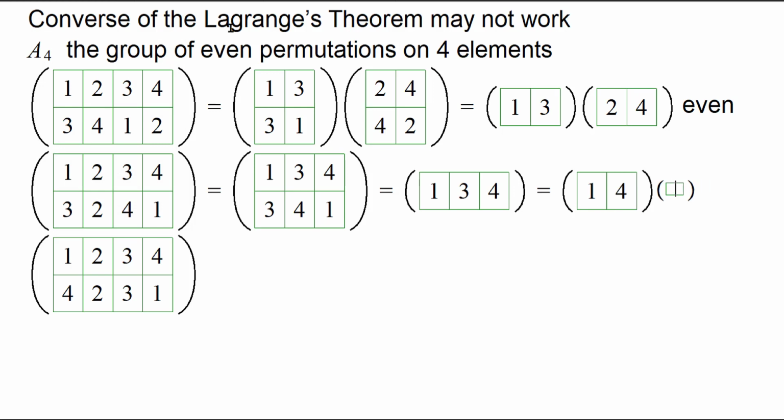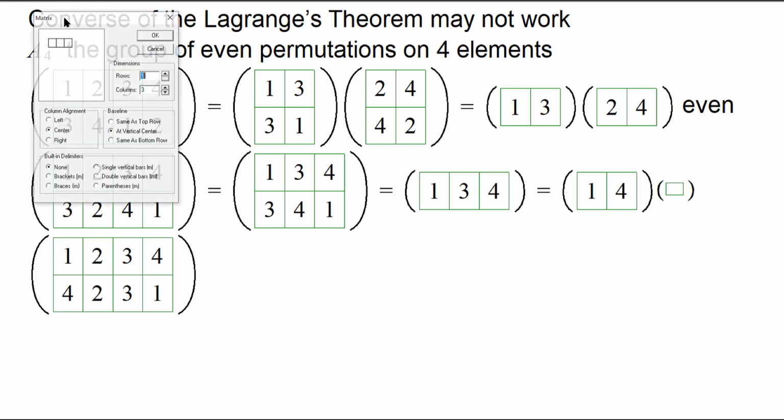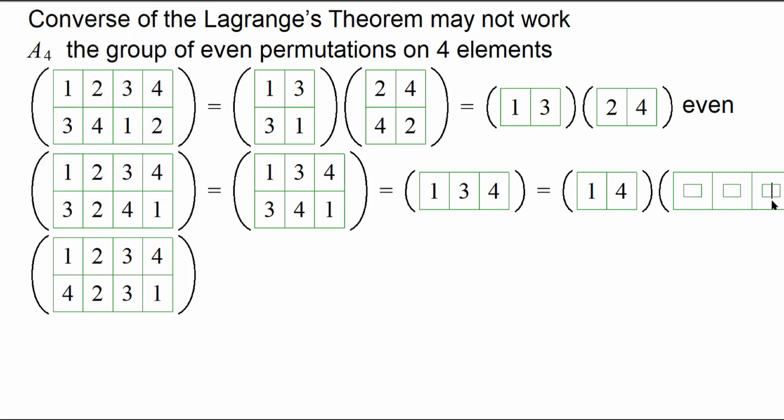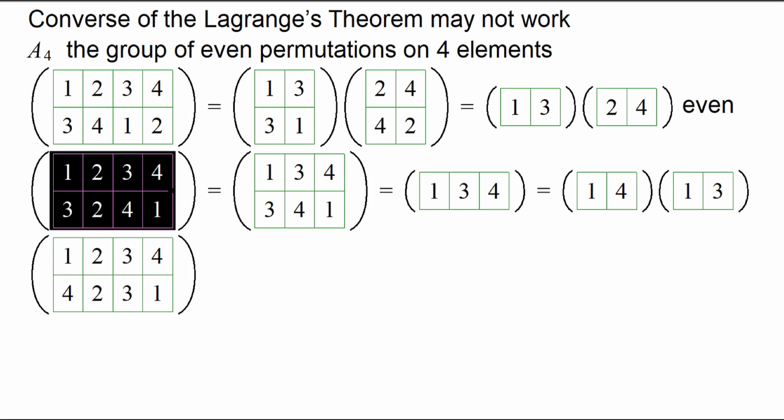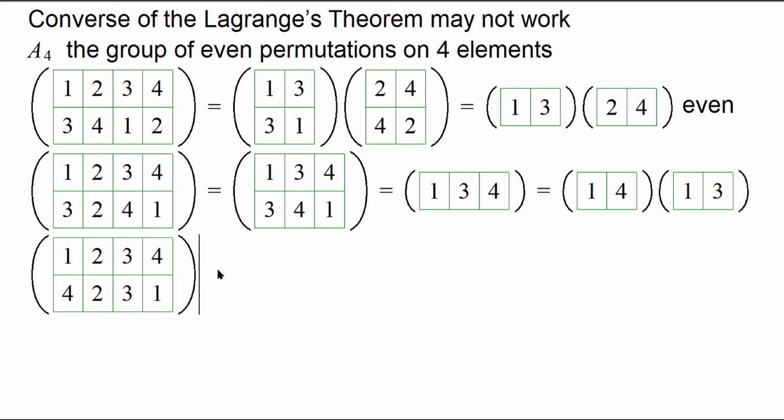We get 1 4 first, and then 1 3. So again we have 2 transpositions in this factorization, so this permutation is also even, or it is in A4.